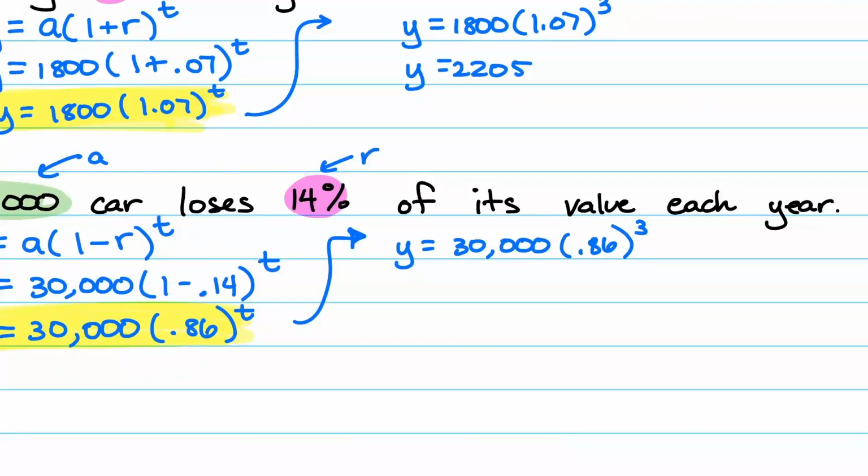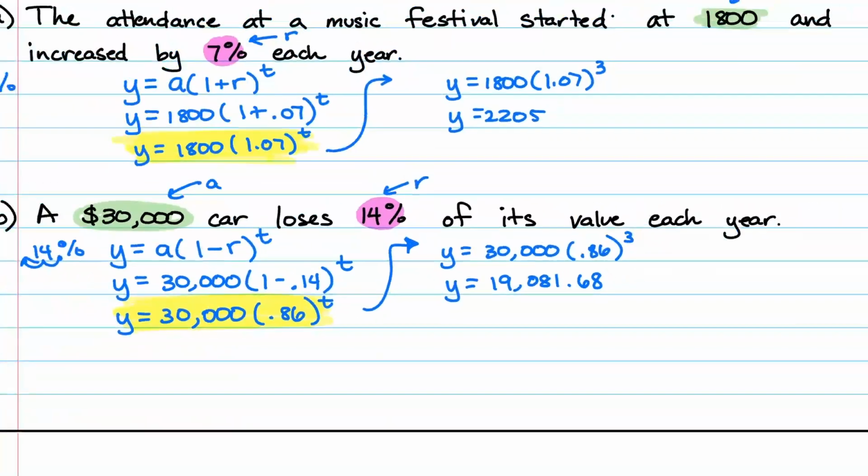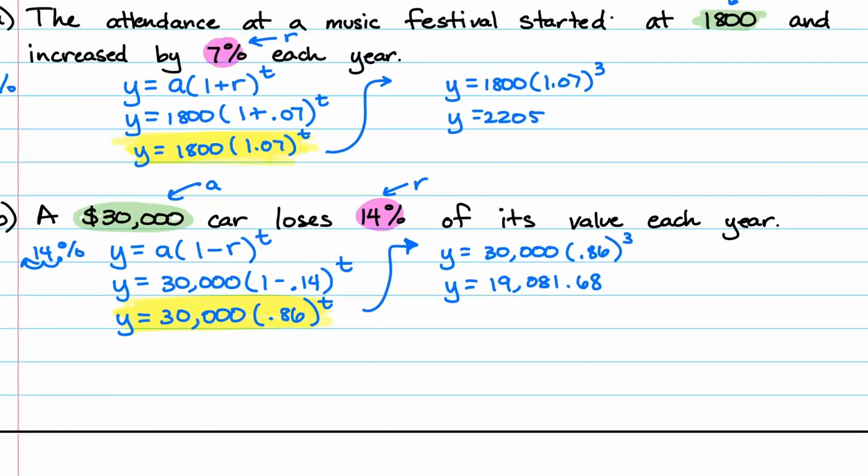I hit enter, and what I get is y equals 19,081.68. All right, just like last time, it is really important that we understand what this thing is, because last time I erased the decimals.